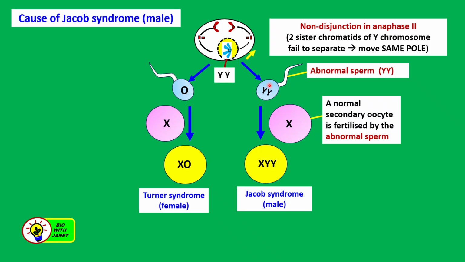Now, if the abnormal sperm with two Y chromosomes fuses with a normal secondary oocyte with one X chromosome in the process of fertilization, then the resulting zygote will have one X chromosome from the ovum and two Y chromosomes from the sperm. So XYY. The child with three sex chromosomes in each diploid cell, XYY, has Jacob syndrome. It's a sterile male who cannot bear children.